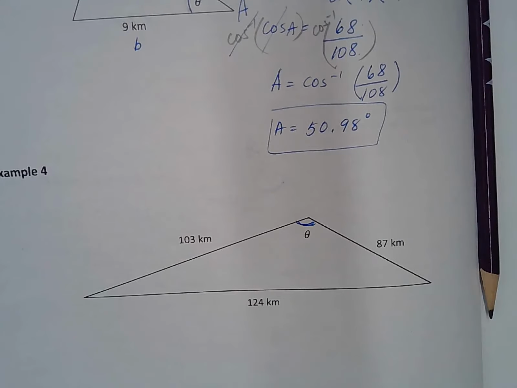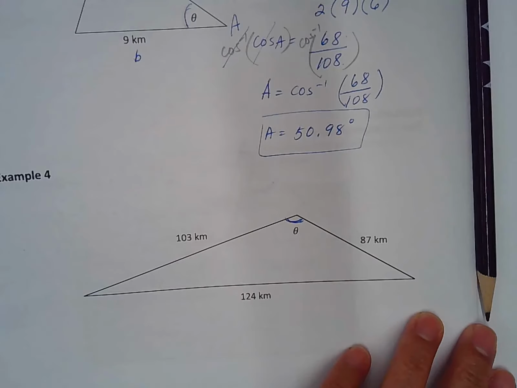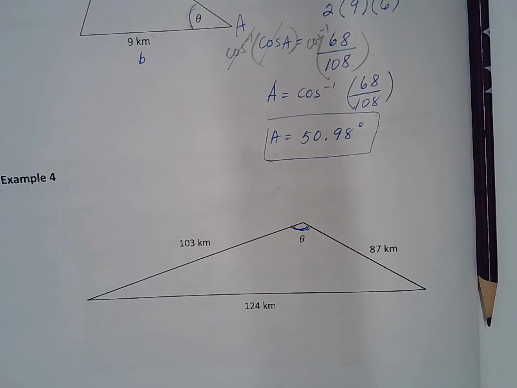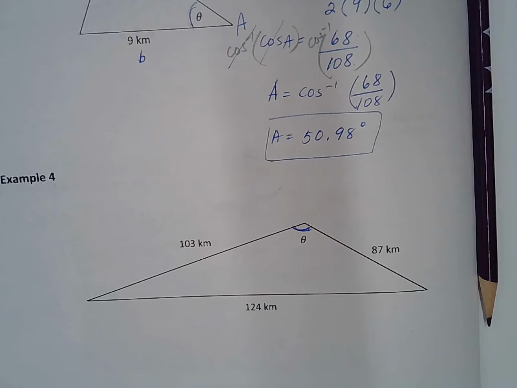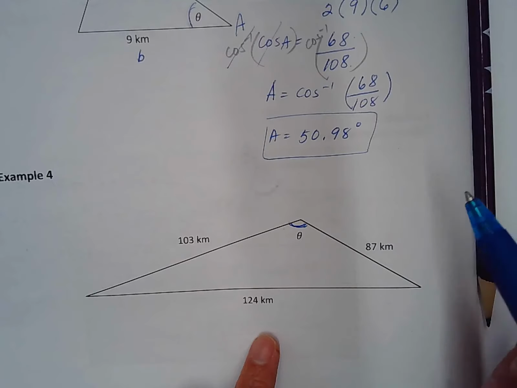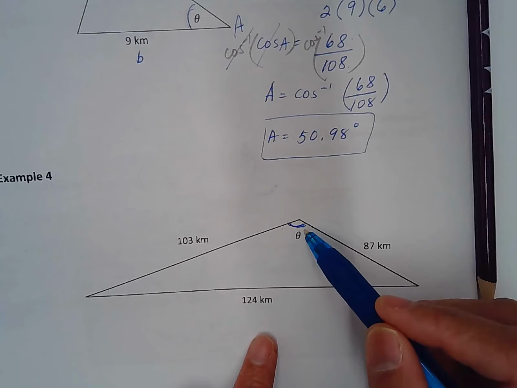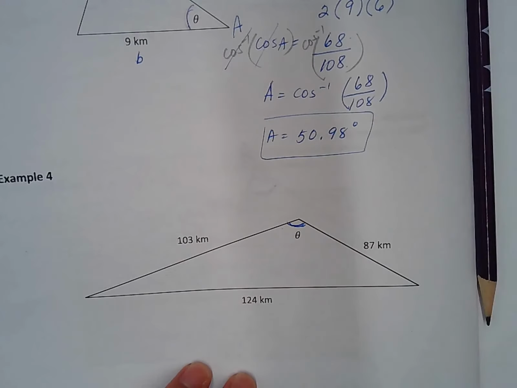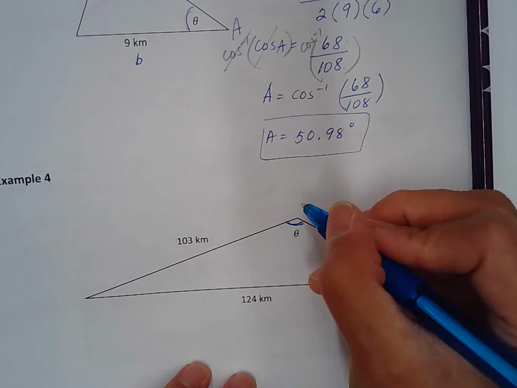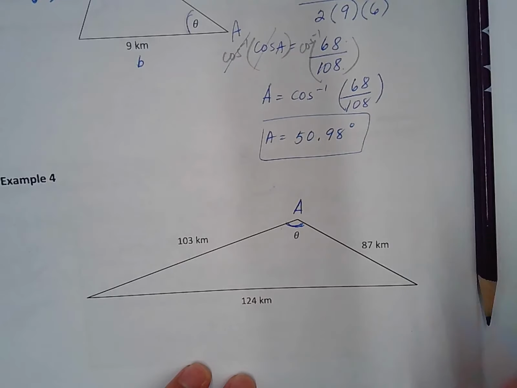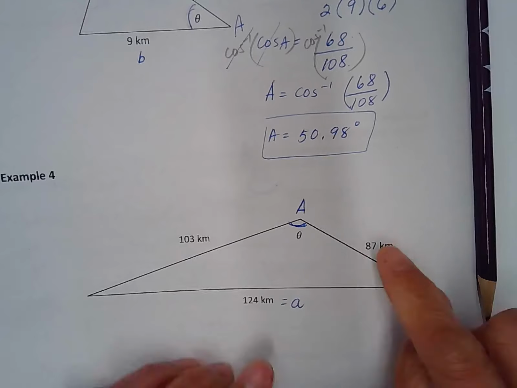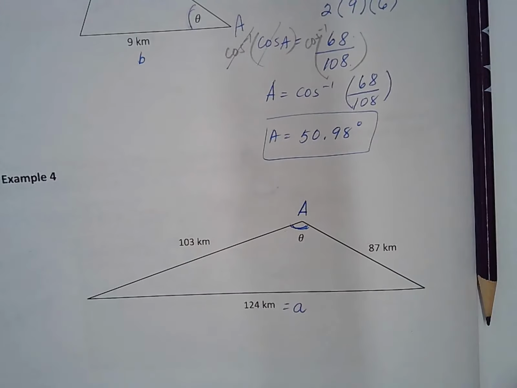Yeah? Okay, good. Take a look at example number 2. Example 4, rather. You can see here there's no complete ratio. You're given all 3 sides. It has to be the cosine law. So which one should I call angle A? The theta is your angle A. Then this is side little a. And the other 2 could be just B and C.